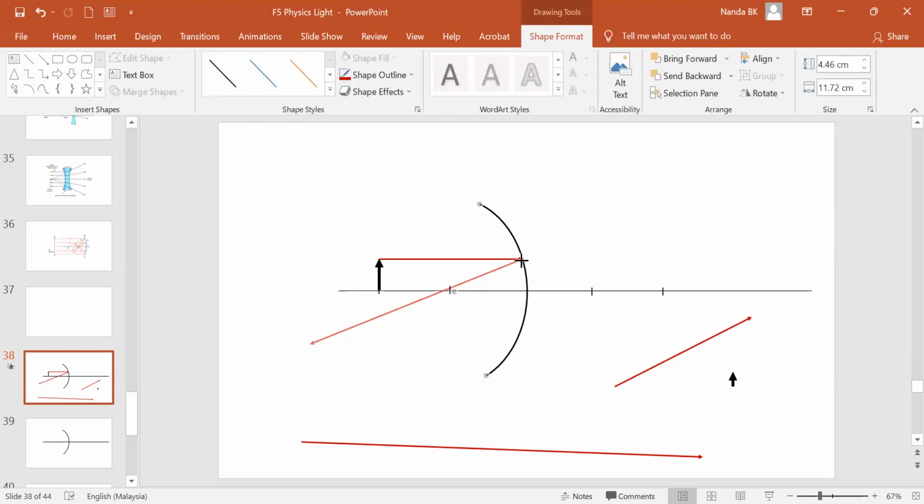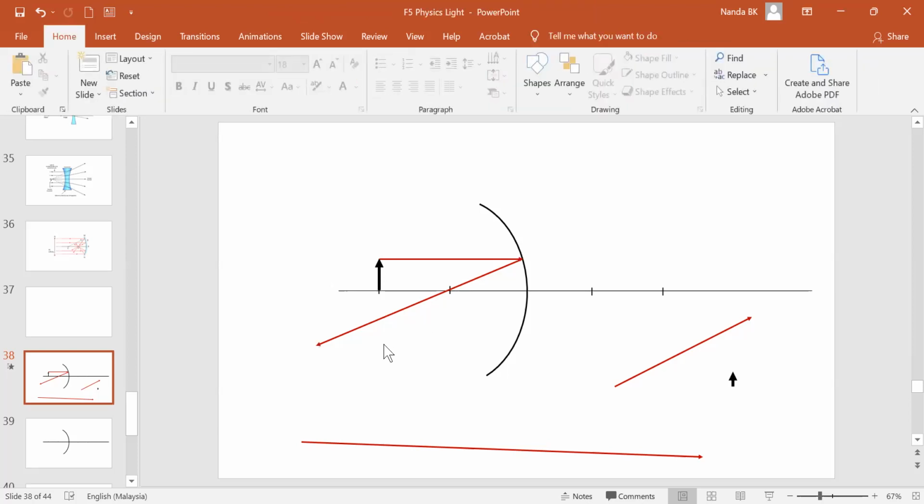Anything that is parallel to the axis, the light will be reflected and pass through the focus. So that's the first law. Are you following me? Next part.